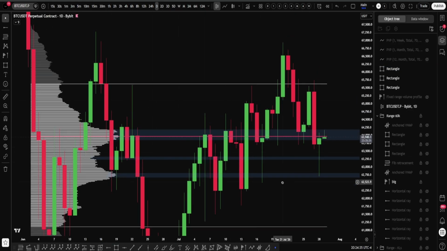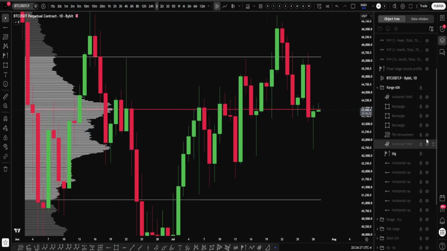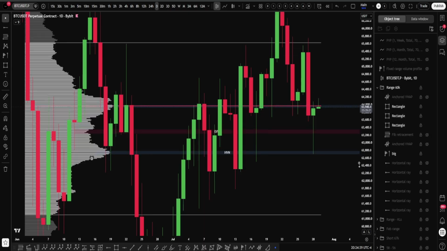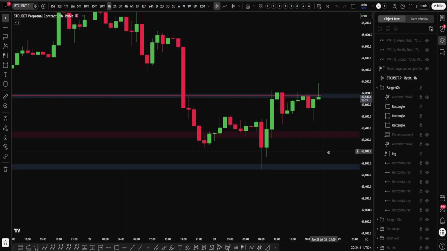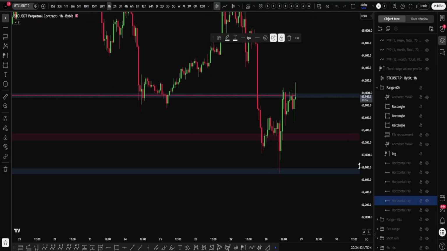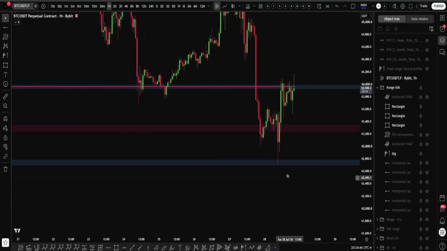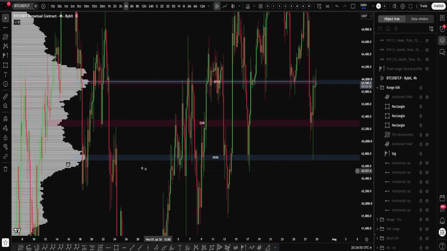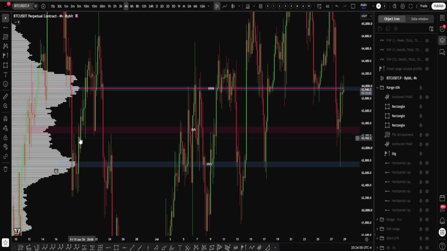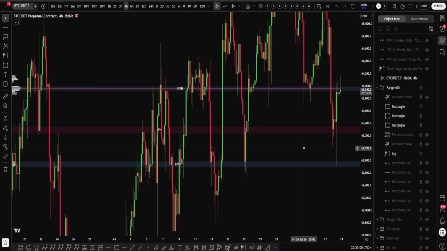If you look at these rectangles I marked out, this high volume node gave that exact support. That shows you this node definitely has buyers interested in it, and it was able to stay above the low volume node, which is a good sign.